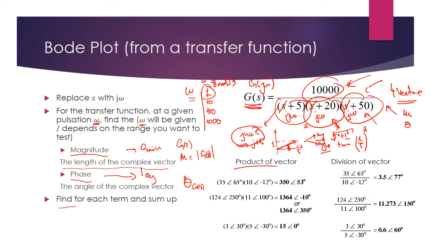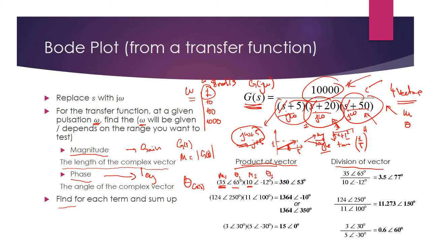So here is a quick revision on the product of vectors and division of vectors. Basically, if you have here s plus 5 multiplied by s plus 20 multiplied by s plus 50, a product of vectors. Here in polar writing, you have the magnitude and an angle. This is an example. If you have the magnitude of 35 and an angle of 65 degrees, multiplied by another vector, let's say this is magnitude 1, angle 1 for vector 1, and magnitude 2, angle 2 for vector 2.